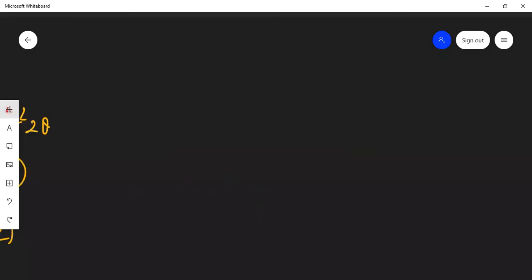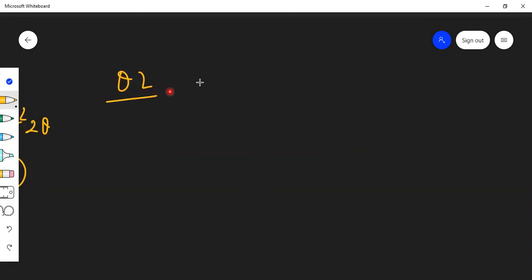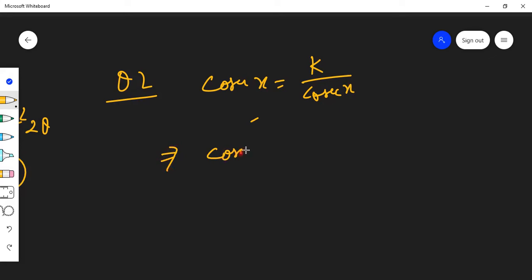What does that mean? Question number 2. Cosec x is equal to k over cosec x; k is some constant. We can cross multiply and we will get cosec square x is equal to k. As simple as that. Now he is asking the value of cot x in terms of k, and we know the identity.